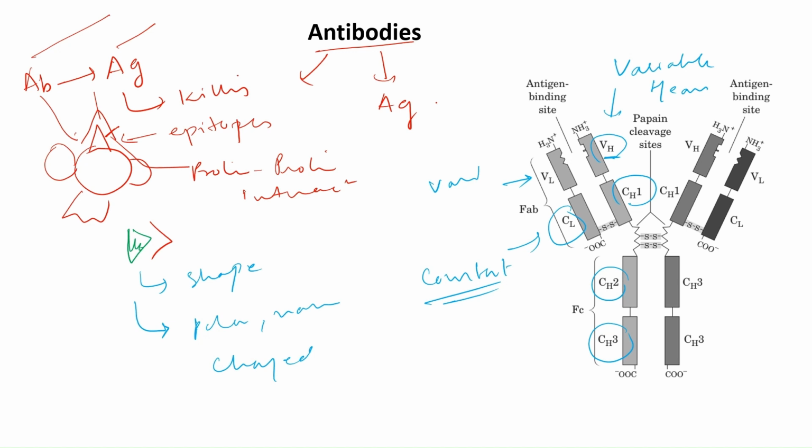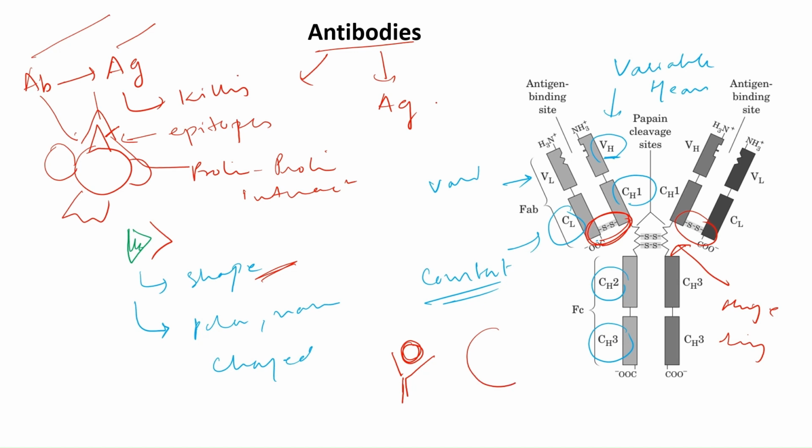Now, this heavy chain and light chain, you can see, are attached with disulfide bonds. And this region, the center one, is known as the hinge region, from where the antibody is made flexible because it should have complementarity with shape. So if the antigen shape, for example, is like this, the antibody should be like this.